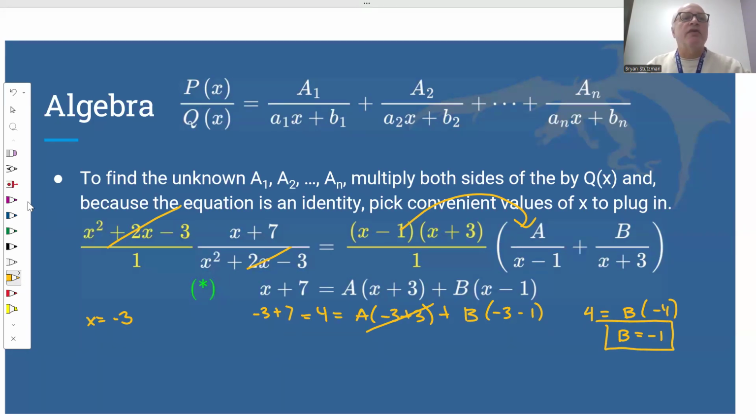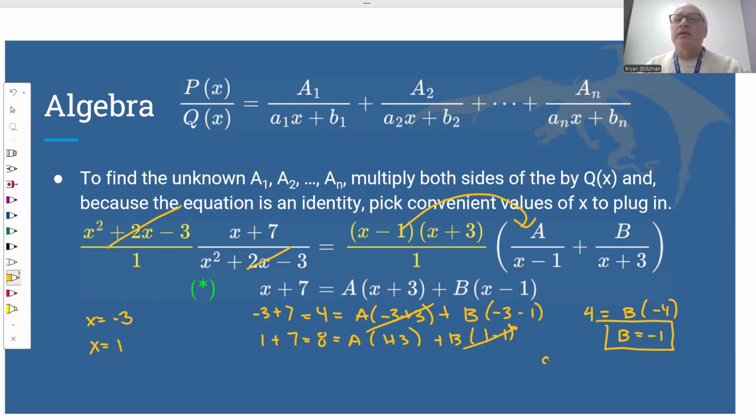Let's pick another value of x, such that this term will disappear. Well, if I pick x equals 1, I'll make that disappear so I can find out what a is. So let x equal 1. I get 1 plus 7, which is 8, equal to a times 1 plus 3, plus b times 1 minus 1, which is 0, so that disappears.